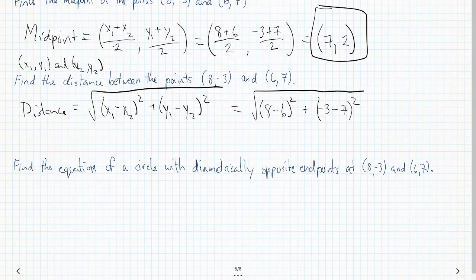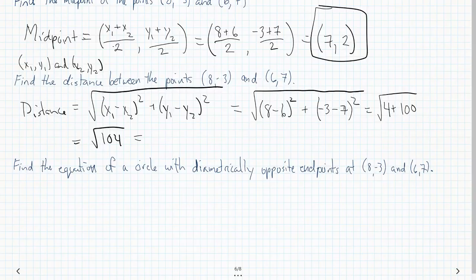And so this distance equals 2 squared, which is 4, plus negative 10 squared, which is 100. So our distance equals the square root of 104. Or notice we can factor out a 4 from that.